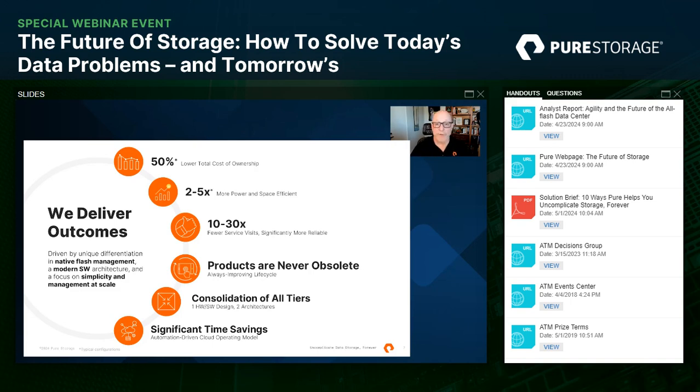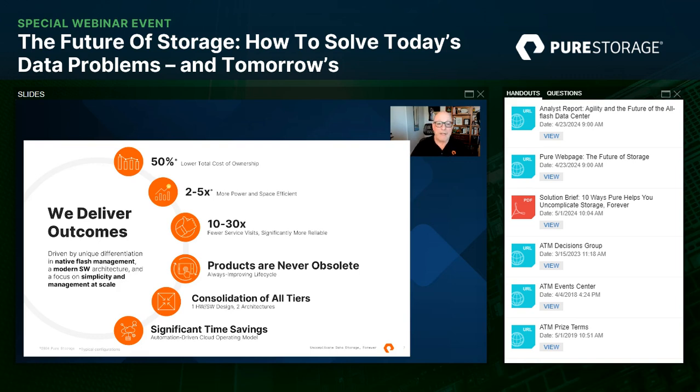It's also due to the power and space efficiency. Since we were born in the flash world, we have the highest efficiency compared to any other storage vendor. We're far more reliable, 10 to 30 times fewer service visits. The products never go obsolete, as we mentioned.